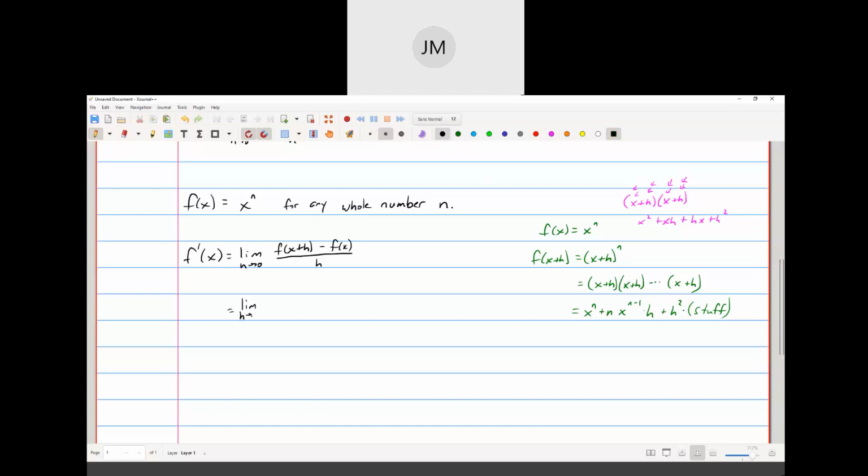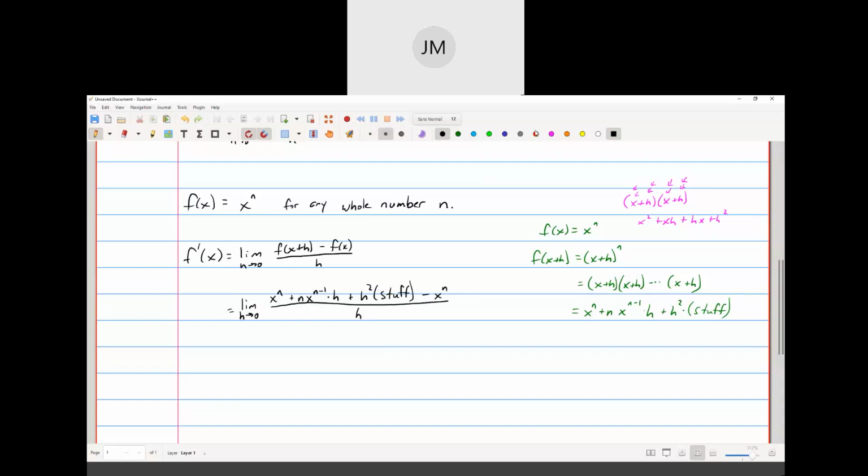With the limit as h goes to 0, f of x plus h is x to the n plus n x to the n minus 1 times h plus h squared times a bunch of stuff. Okay, and then minus f of x. f of x is x to the n. All that's divided by h.